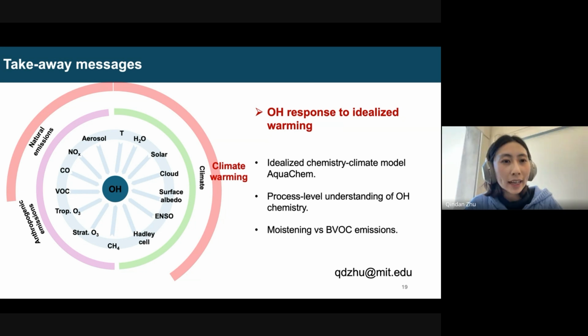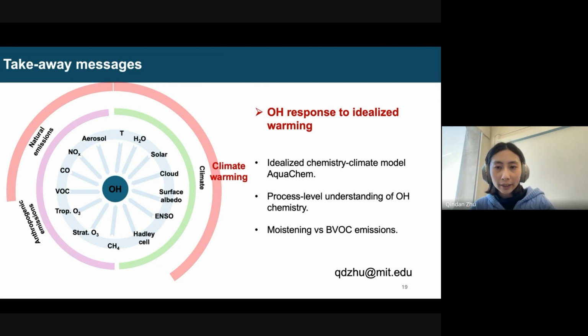Yes, I did. Another piece of my results is that I also separate them across different vertical levels, and I further separate them between pressure larger than 600 hPa and lower than 600 hPa.